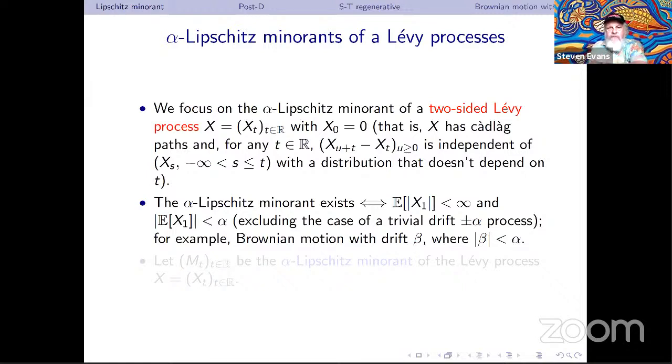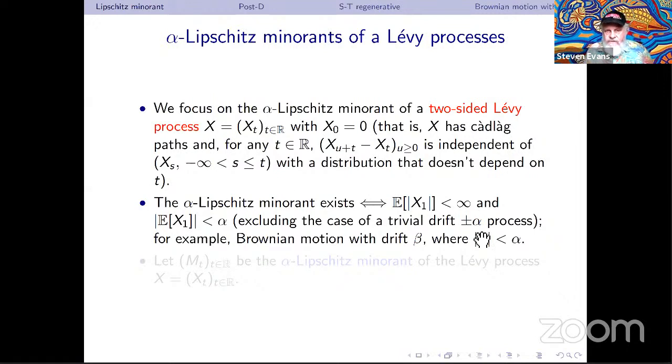It will exist almost surely if and only if X has finite first moments and the absolute value of that first moment is less than alpha, excluding, of course, the trivial case when X is just the trivial drift plus or minus alpha process. That is, the paths of X just look like a straight line with slope alpha or minus alpha.